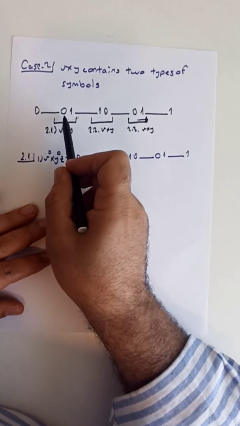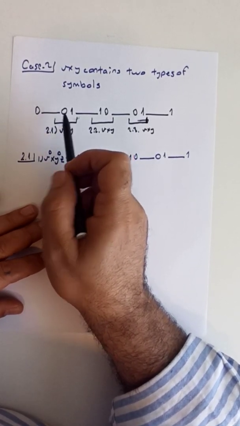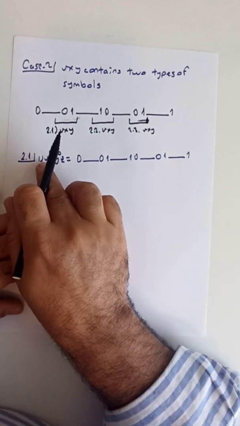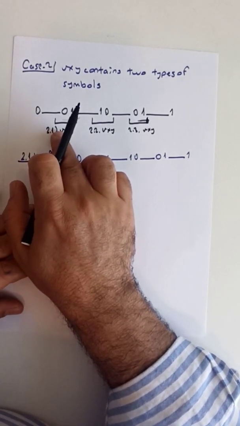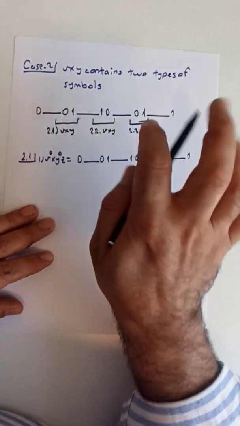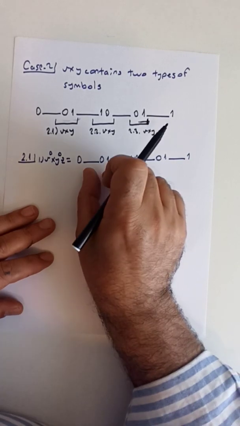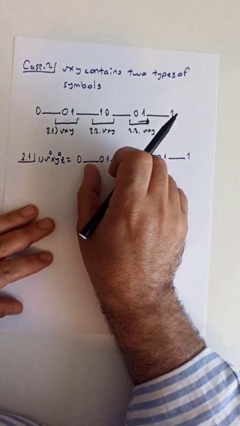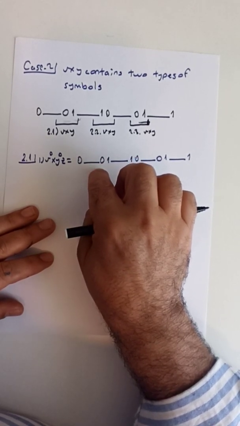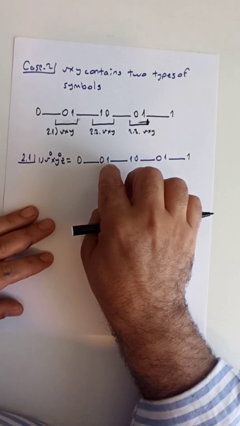It contains zeros and ones, because it contains two types of symbols. Now, if we pump down, or in other words, if we remove the substrings v and y from this whole string, it will look like the following. Note that if v or y is non-epsilon, we will be removing some number of zeros or ones from the first half of the string.